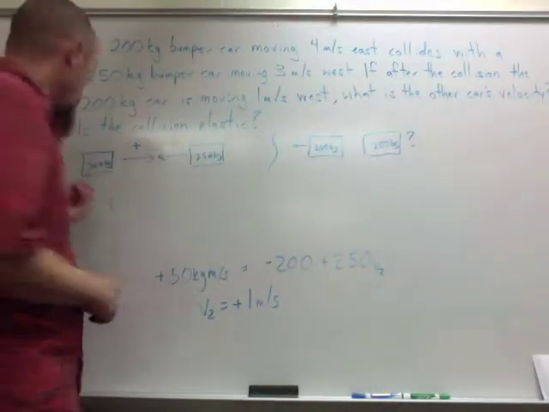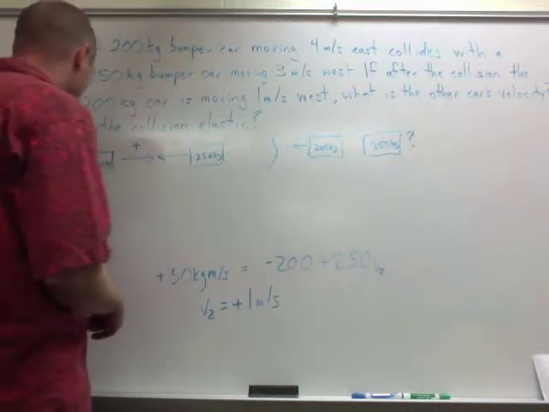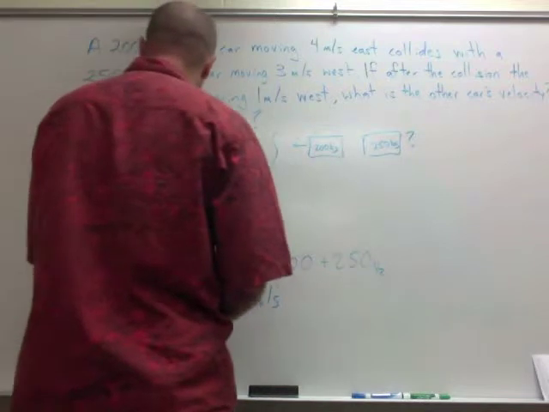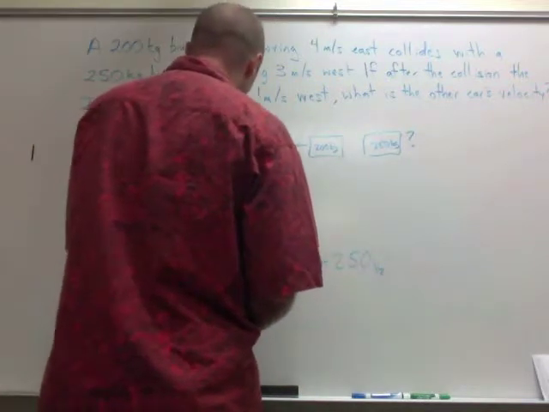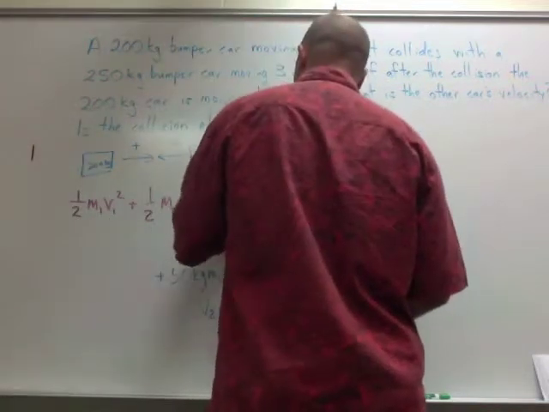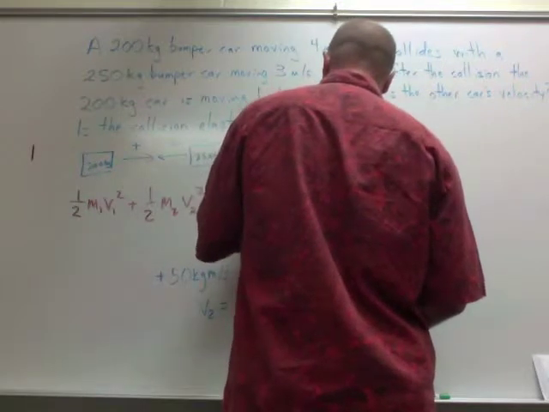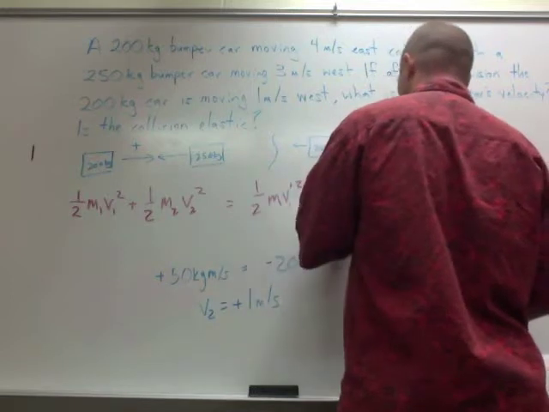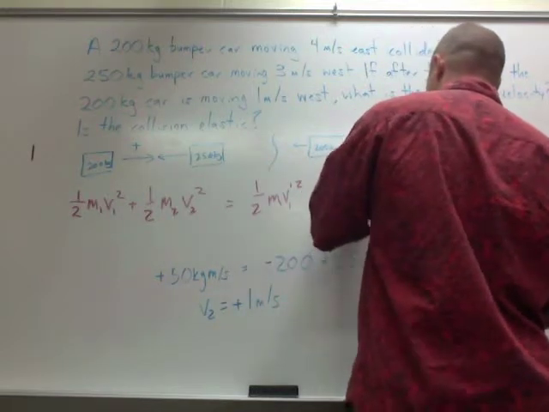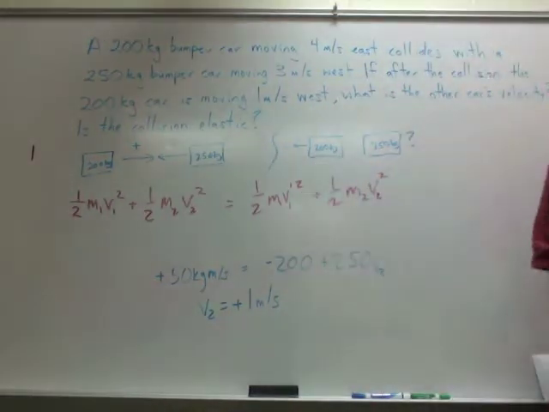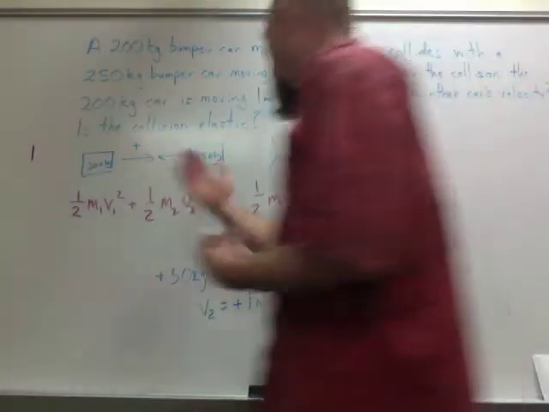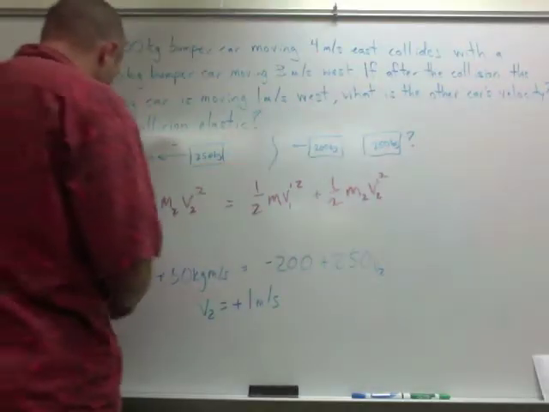Kinetic energy is 1/2 m1 v1 squared plus 1/2 m2 v2 squared equals 1/2 m v squared plus 1/2 m v squared. Then plug my numbers in. Remember, energy does not have directions, so I don't have to worry about pluses and minuses, and since we're squaring it anyway, it wouldn't matter.